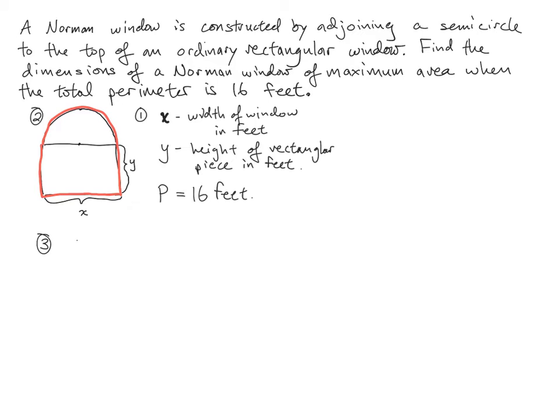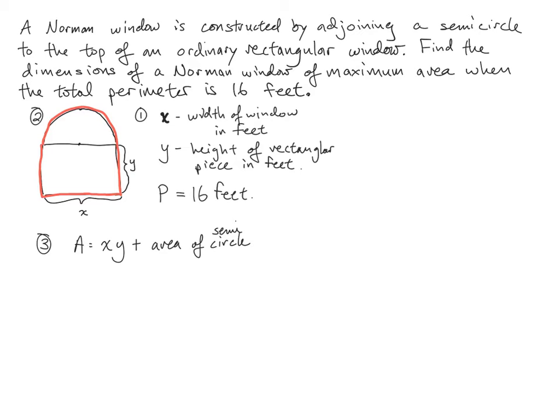So let's see, I know the area would be xy plus the area of the circle. So the area of the rectangle was pretty easy to find. It's the width times the height of this rectangle.